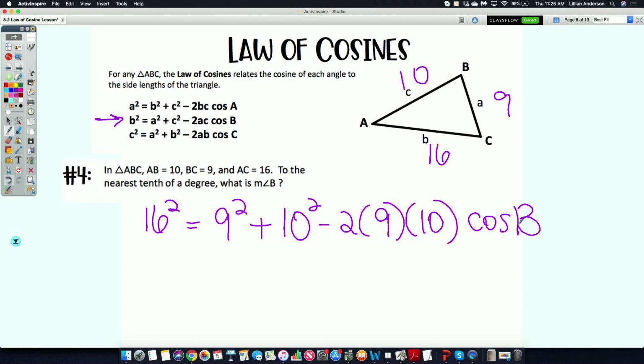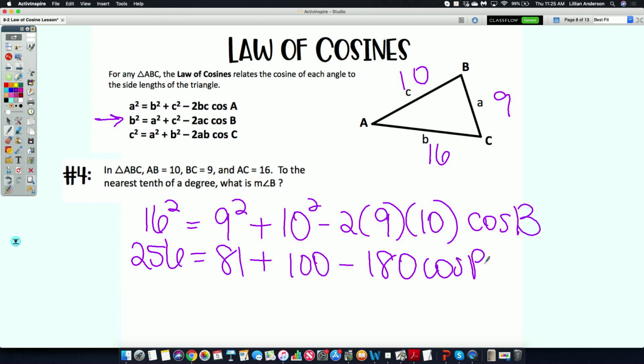Now, at this point, it's all a matter of order of operations. What's 16 squared? 256. What's 9 squared? 10 squared. What is 2 times 9 times 10? Do not add 81 plus 100, then subtract 180.